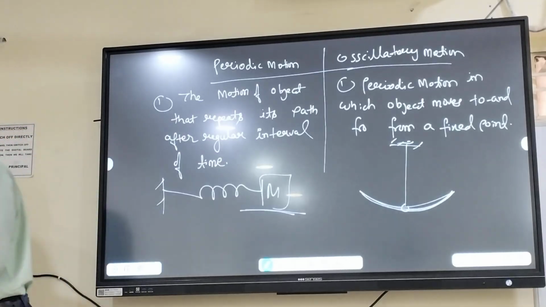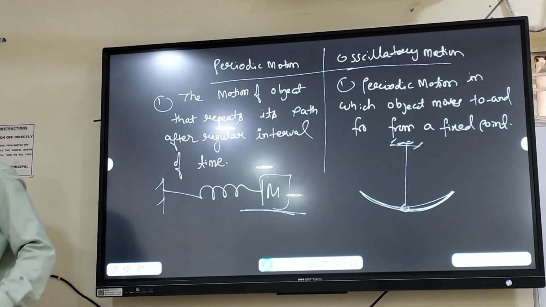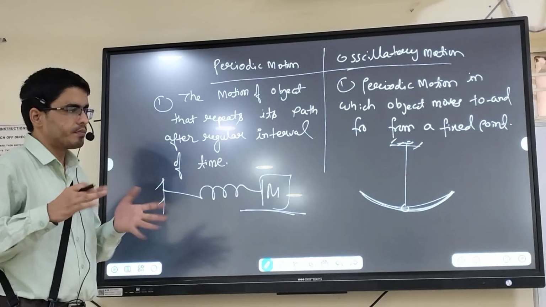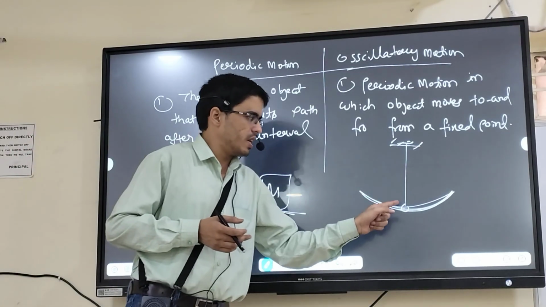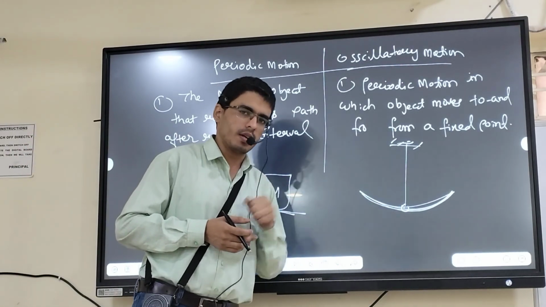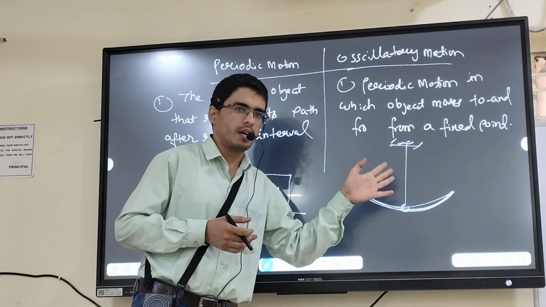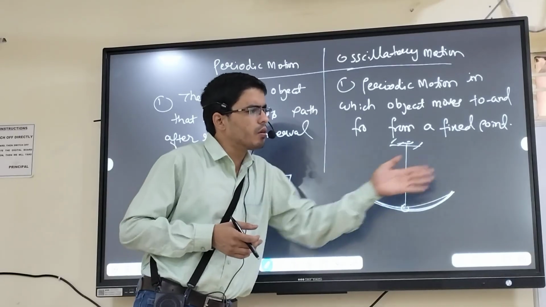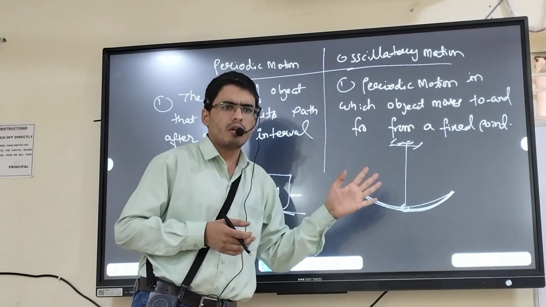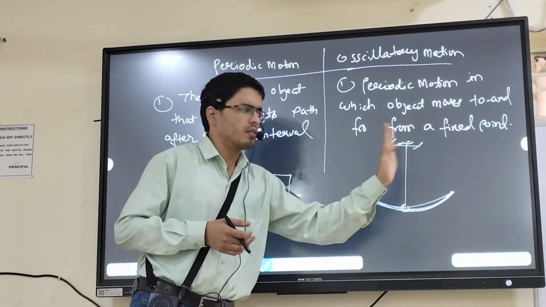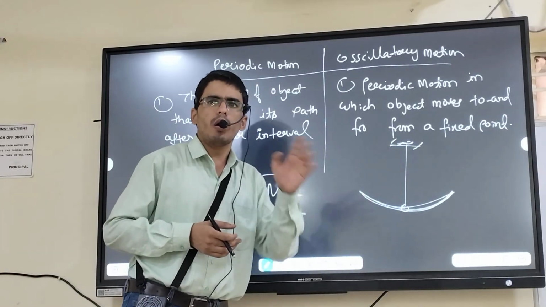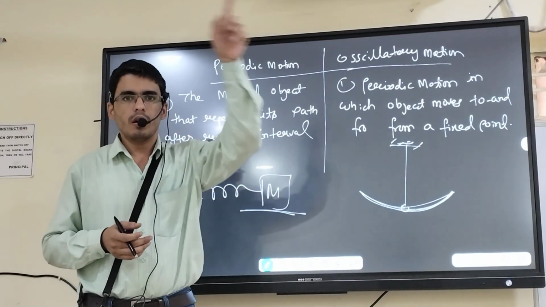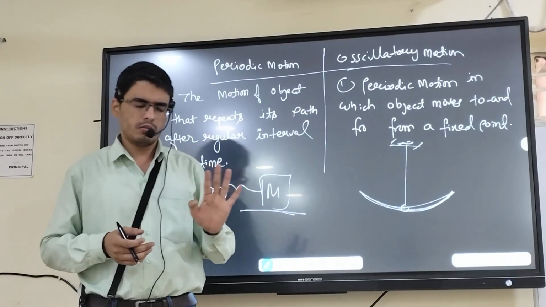All oscillation is periodic, very good, and all periodic is not oscillation. That spring, object and string example is oscillatory, and it is periodic also, because all oscillatory is also periodic. But Earth and Sun is periodic and not oscillation. Very good.